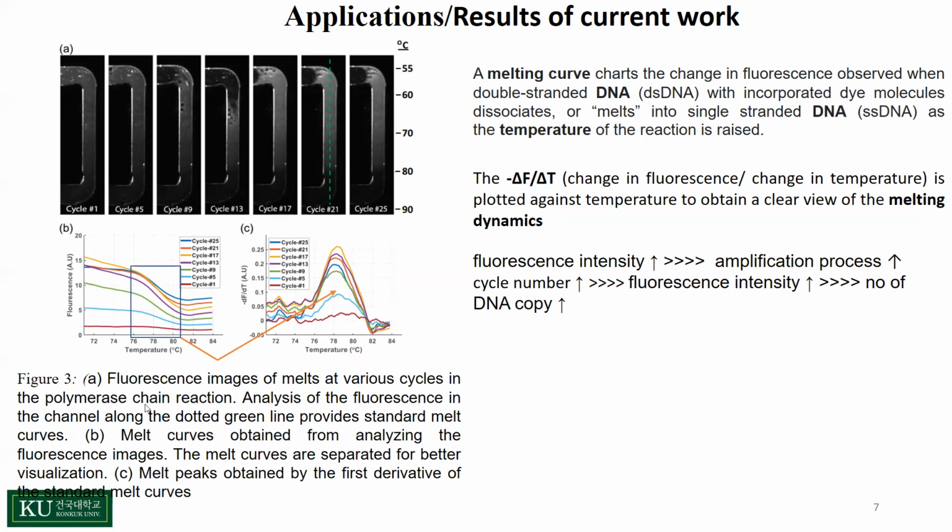The melting curve actually gives the result of double stranded DNA turning into single stranded DNA at a certain temperature, at which it will melt. This shows the melting temperature, because to do the PCR reaction, denaturation happens. At denaturation, double stranded DNA must be separated into single stranded DNA.